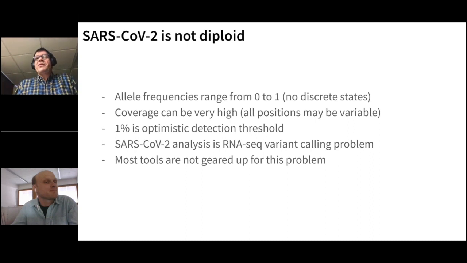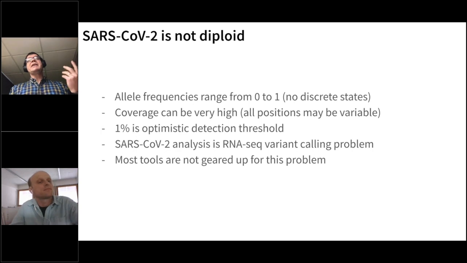So at some point, for example, if you have coverage of, say, 1,000,000x, all positions will be variable. Because think about it, if we're looking at, for example, Illumina bases with quality of 30, which means probability of 1 error in 1,000, but if you have 1,000,000 reads, well, you're just going to have errors, which will look like variants.